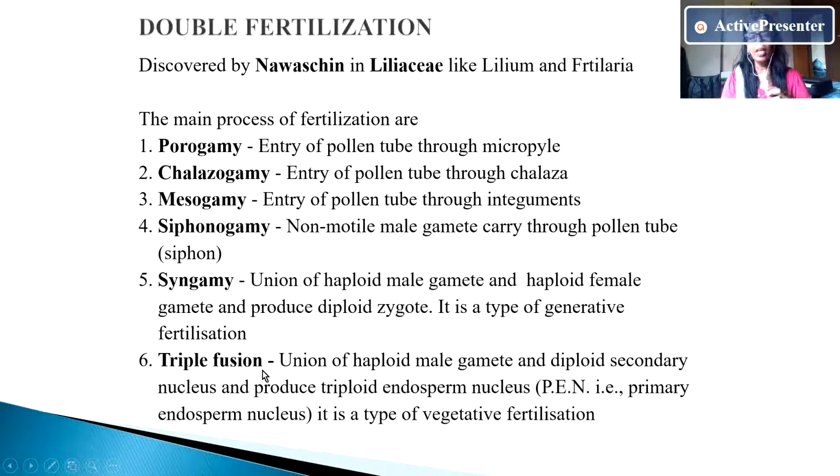Triple fusion is the union of a haploid male gamete and a diploid secondary nucleus to produce a triploid endosperm nucleus, the PEN, the primary endosperm nucleus. It is a type of vegetative fertilization. So triple fusion is vegetative fertilization, and syngamy is generative fertilization.